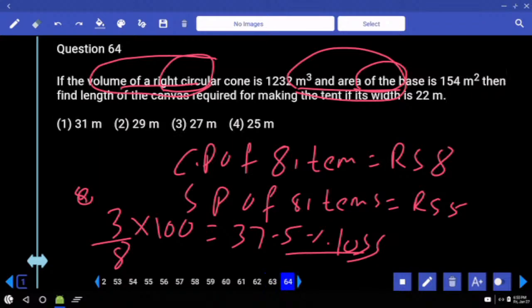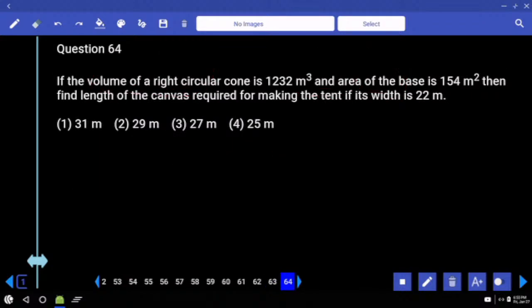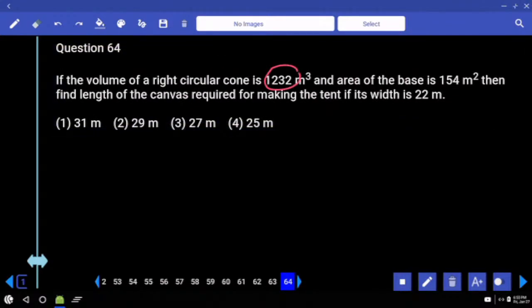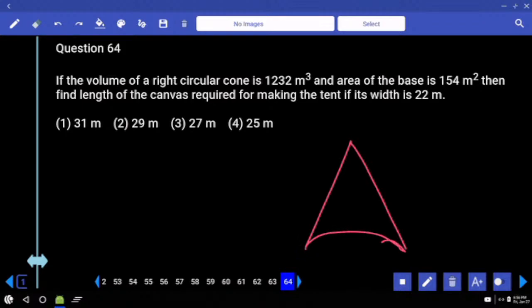Okay, next, 64th, again a straightforward question. Just seeing these two values, we understand the picture. 1232, 154, very familiar values, right? He says the area of the base is 154. If you see a cone, it looks like this. Yes or no? And the base is in which form?